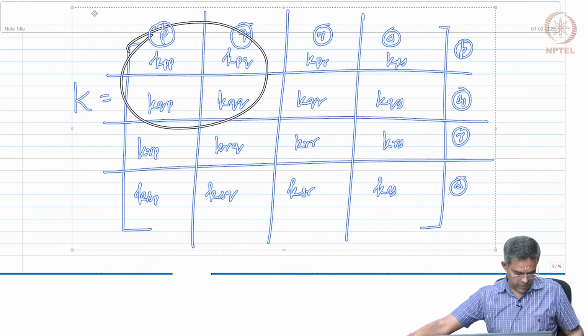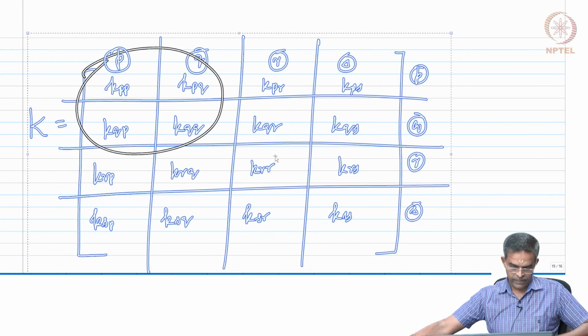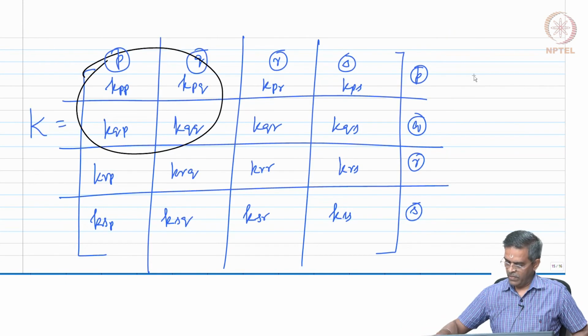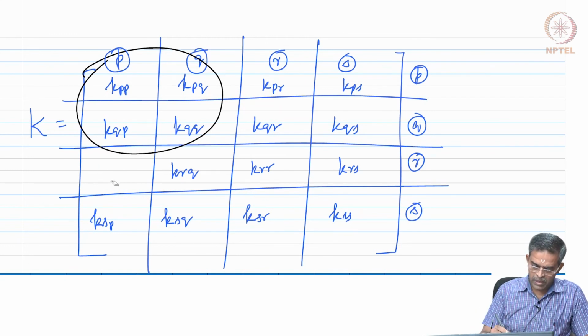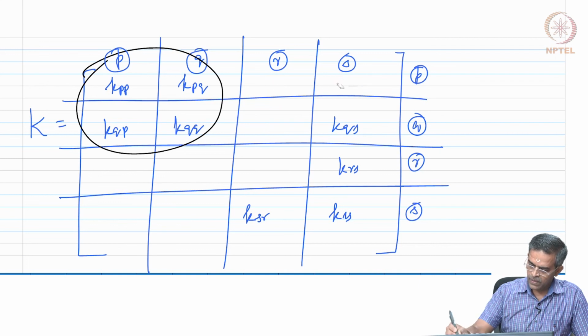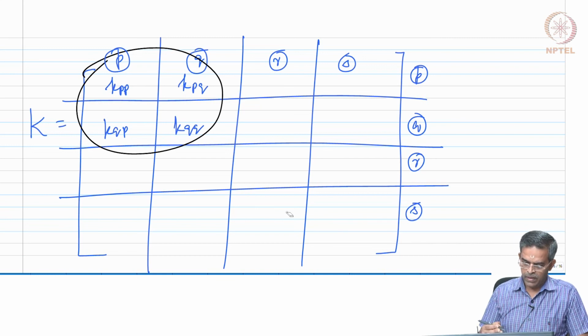I want the full stiffness matrix. Okay. Let us rub the remaining all. Let us see how do we fill up this. We know this. Okay. Let us rub this.